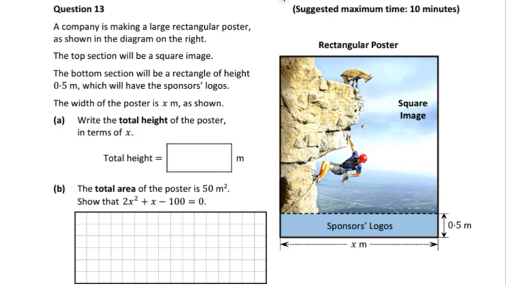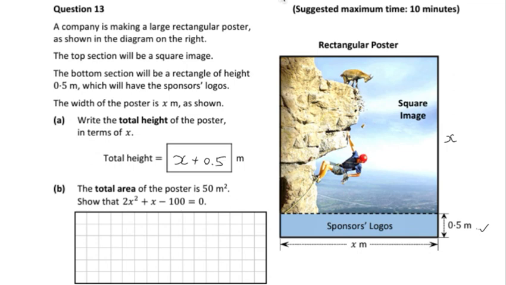So we're going to use this x value here. We can see that the image is square, so we can say that this length is the same as this height. So if we add x to the 0.5, we can say the total height is x plus 0.5 meters.